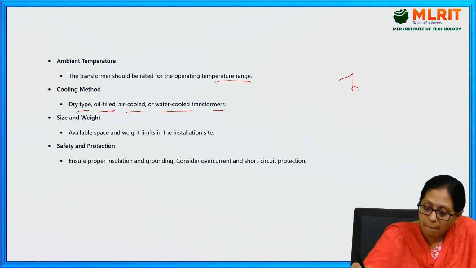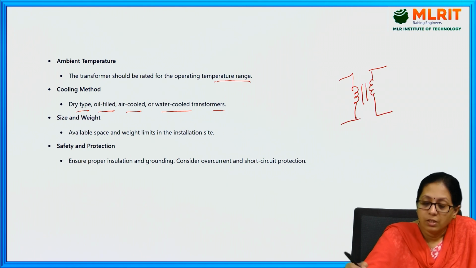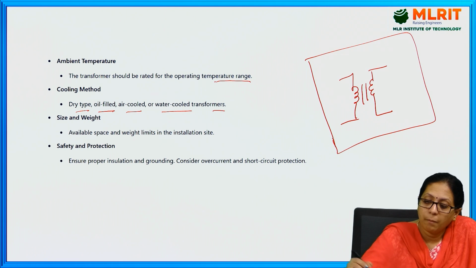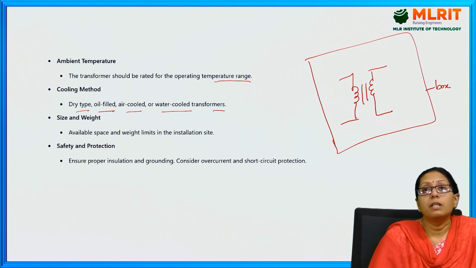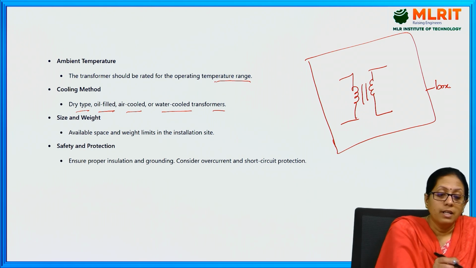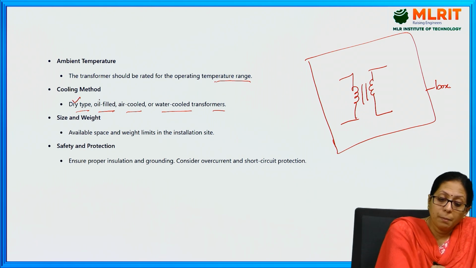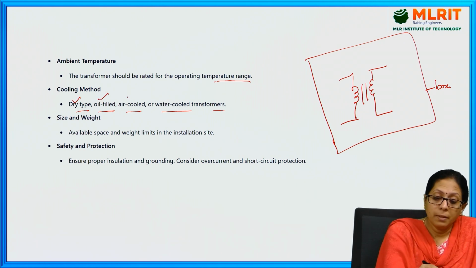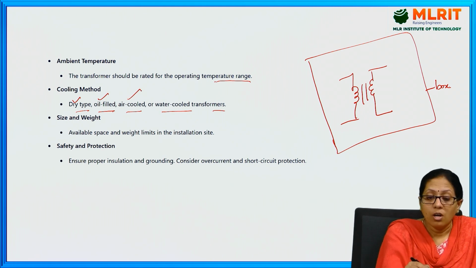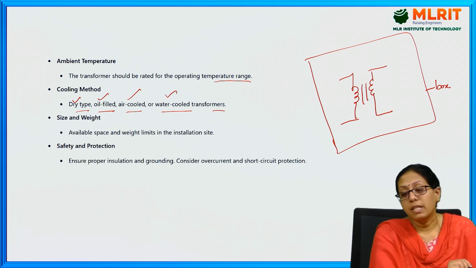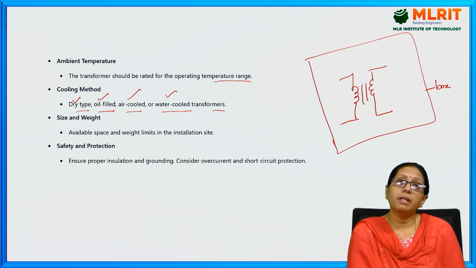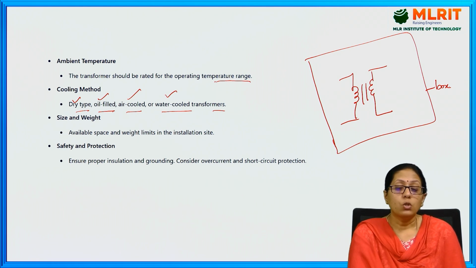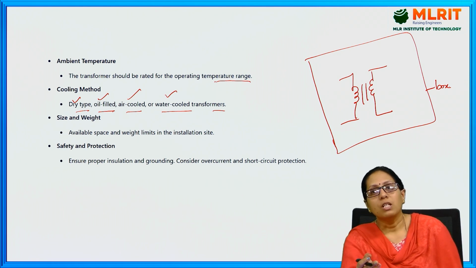That means this is a particular transformer which is placed in a box, and this particular box may be a dry type, or an oil filled, or an air cooled or water cooled one. There is a particular temperature limit for a particular transformer, so based on the temperature limit, the transformer works.